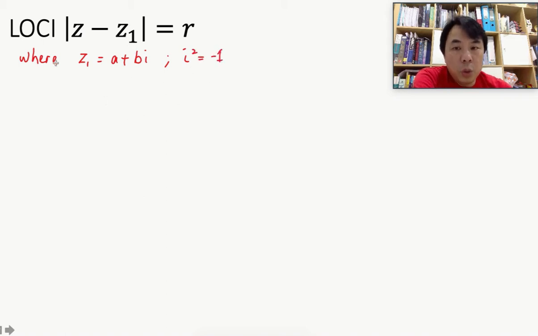Alright, now I'm going to show you the algebraic manipulations one more time to prove to you that this is a circle equation centered at the point (a, b) in this case. So I'm going to let all the sets of points that satisfy this complex equation be x plus iy here, and then we substitute this into this equation as usual.